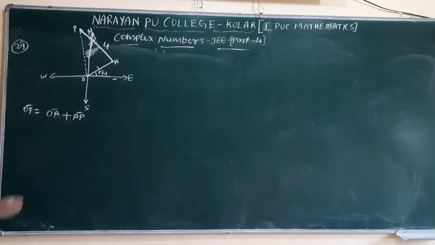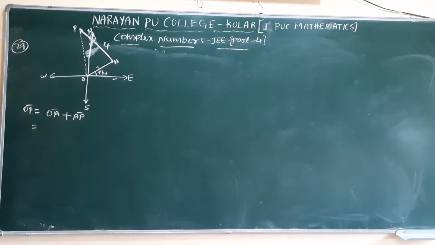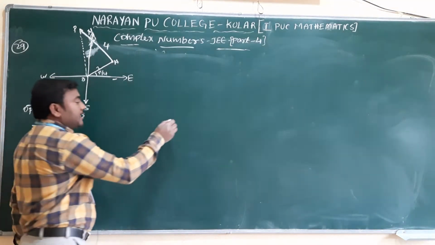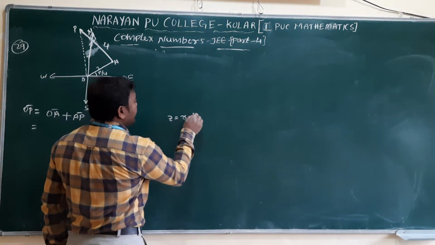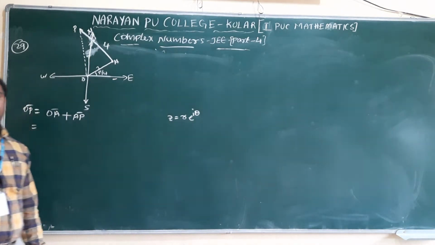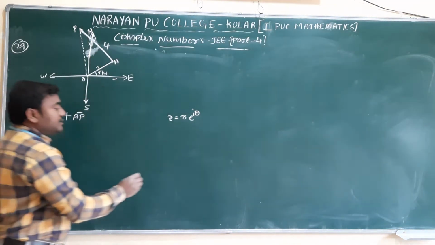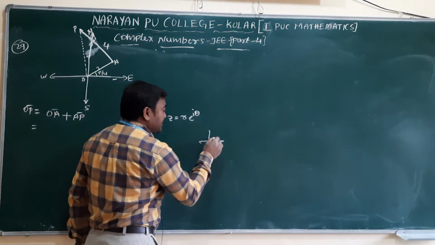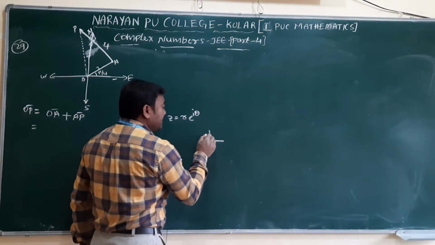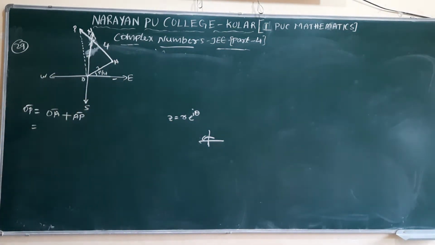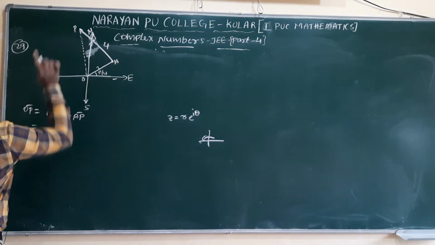In the Argand plane we already know the formula Z is equal to R e power i theta. It is Euler's form. We substitute here. If it moves like this, the angle is pi minus pi by 4 on this side, north to west.